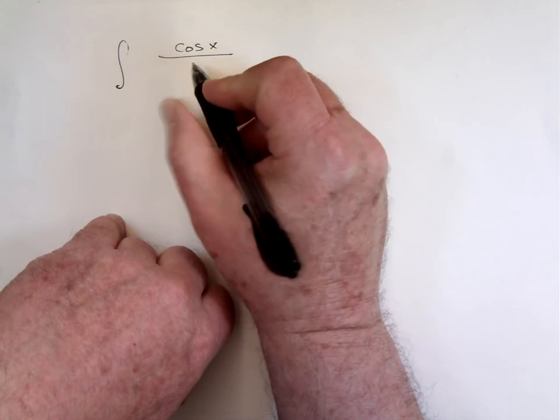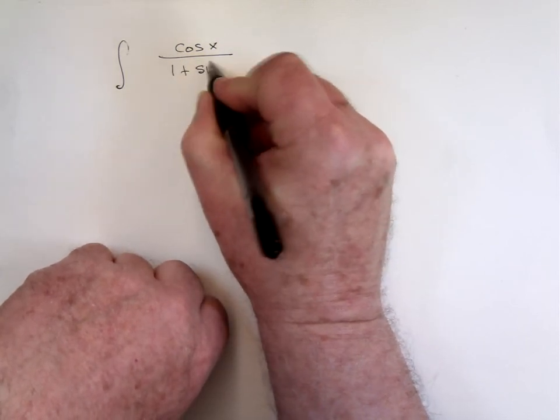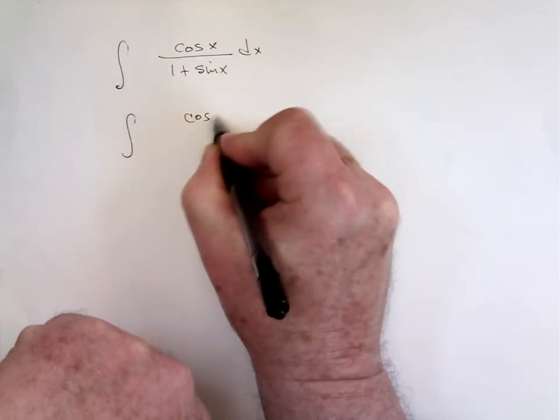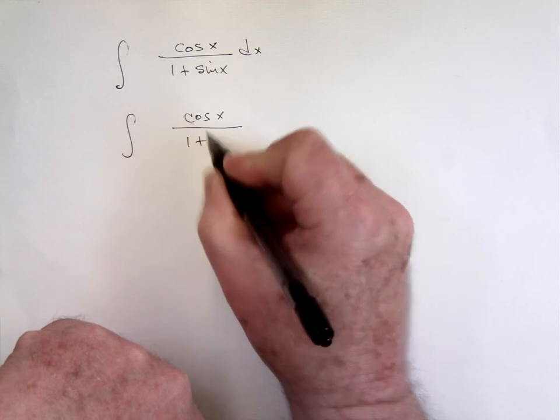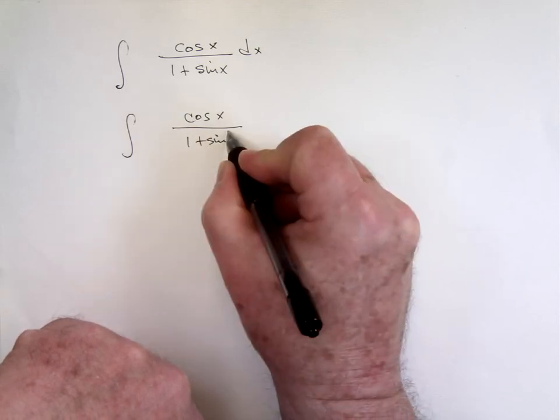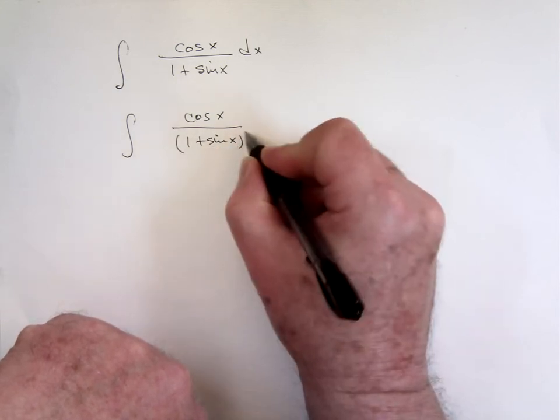And let's do this one too. Cosine x over sine squared dx. Let's just do the forms.